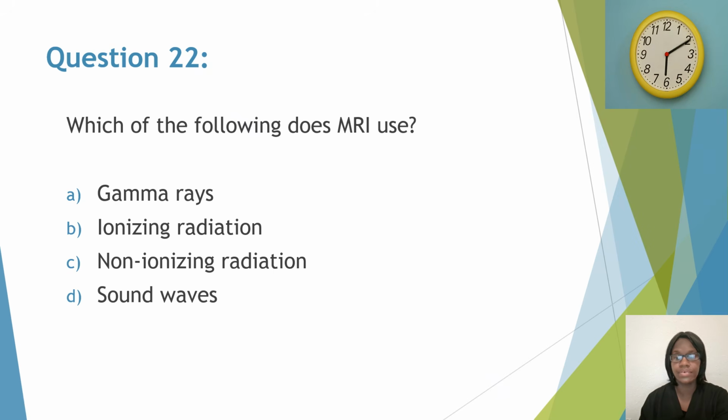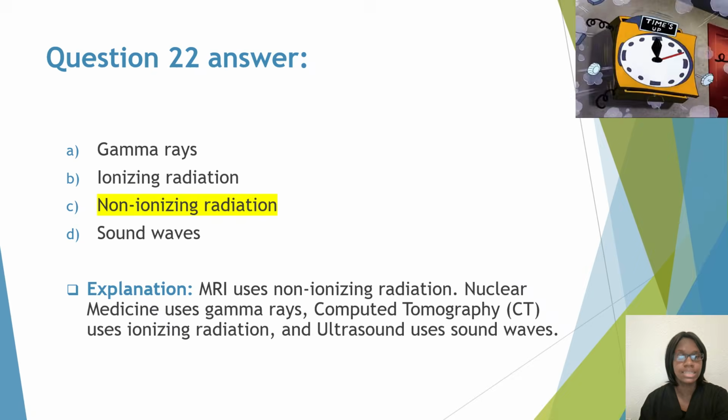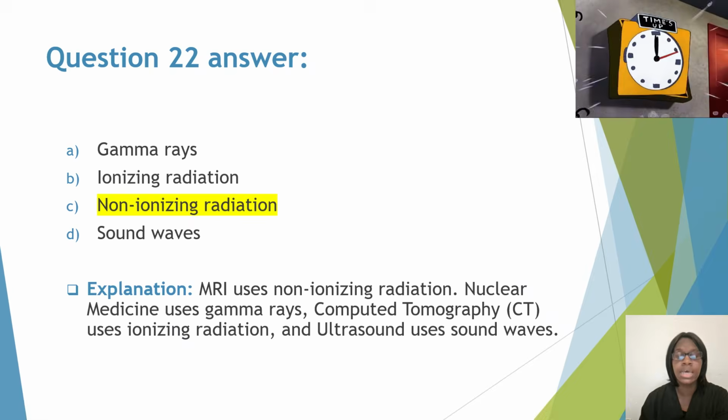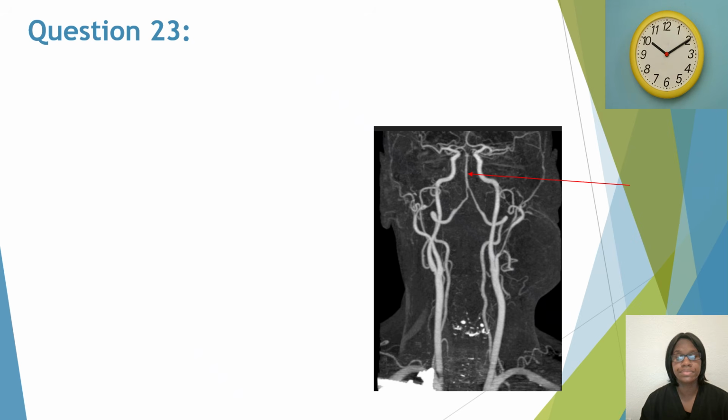All right, the correct answer is C, non-ionizing radiation. MRI uses non-ionizing radiation. Nuclear medicine uses gamma rays. Computed tomography, also known as CT, uses ionizing radiation, and ultrasound uses sound waves.